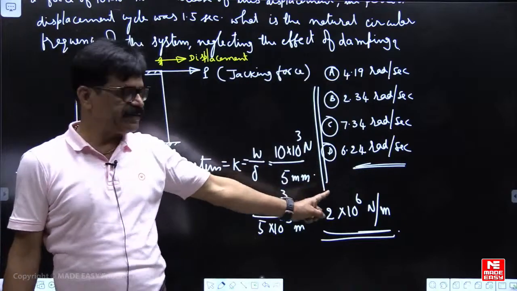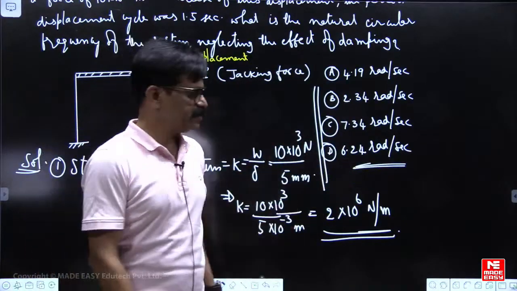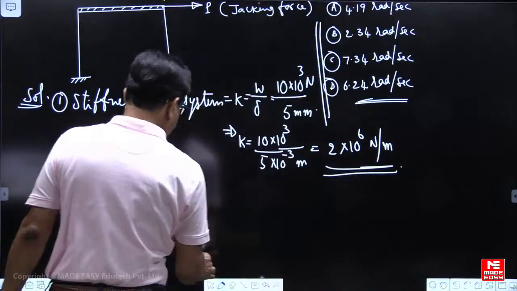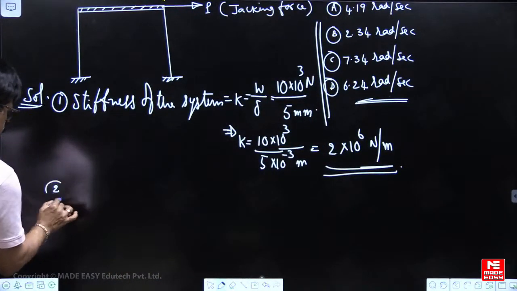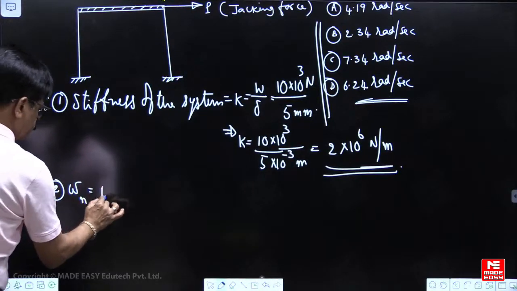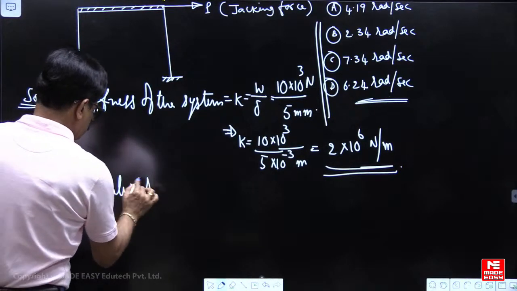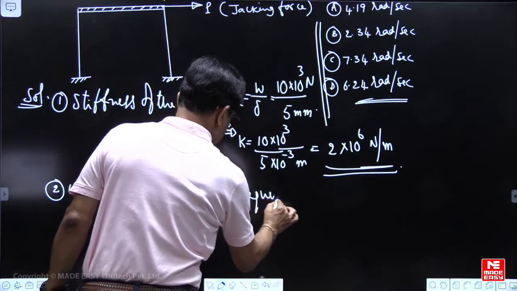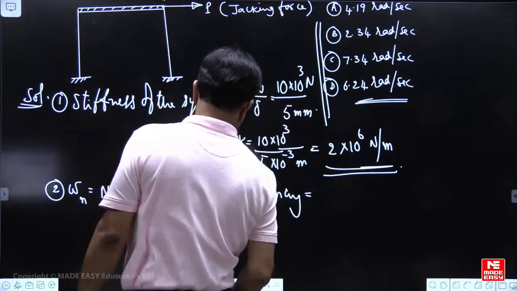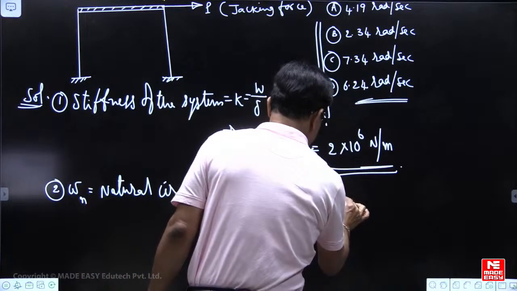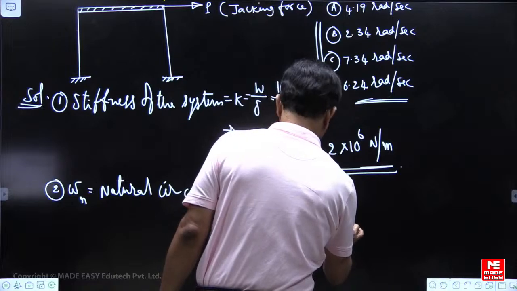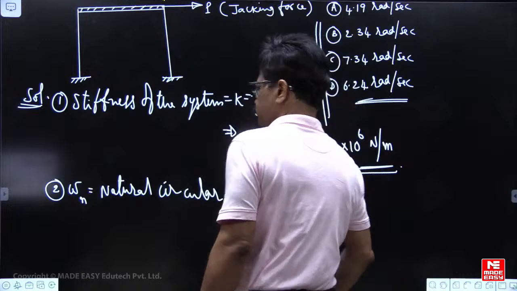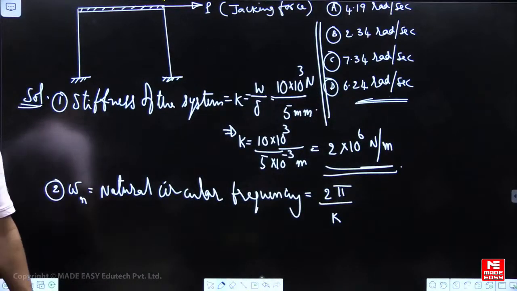Stiffness should always be measured in terms of newtons and meters. And time period. Time period also is given. Omega n, natural circular frequency. Circular frequency means what? 2 pi by T.